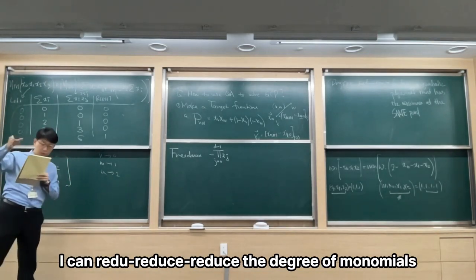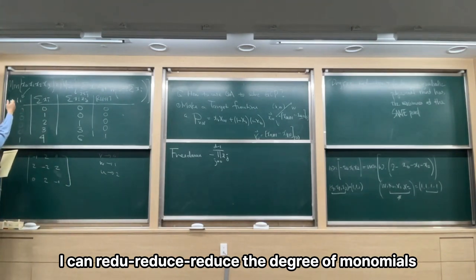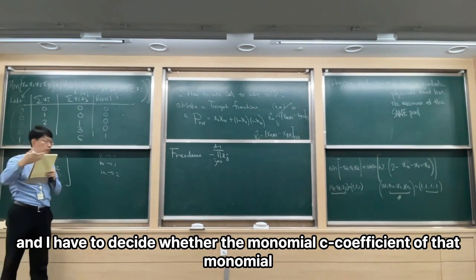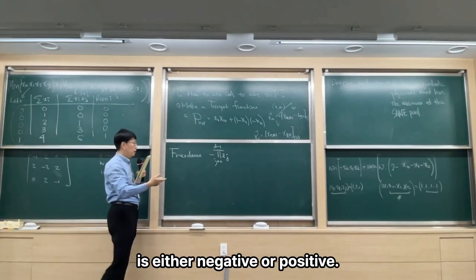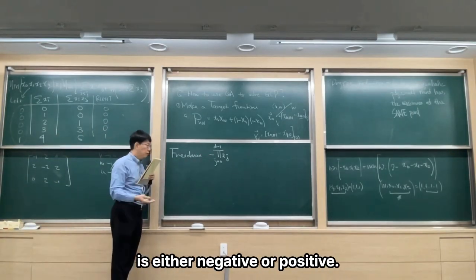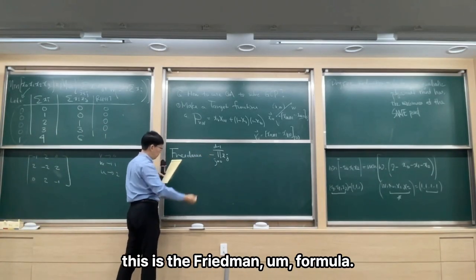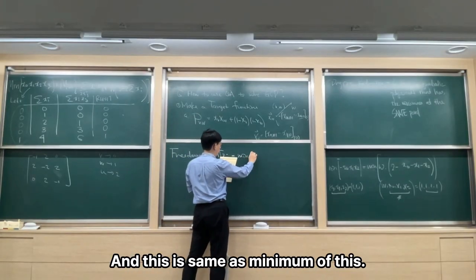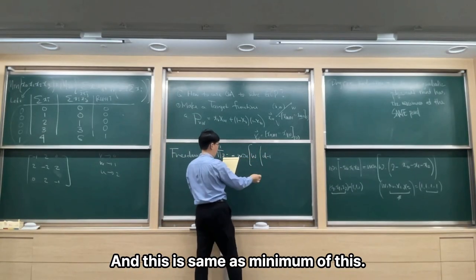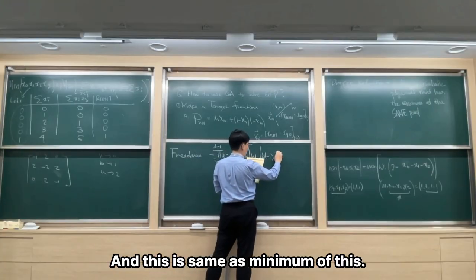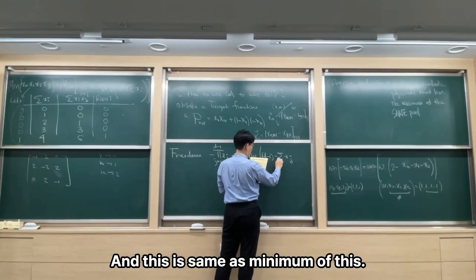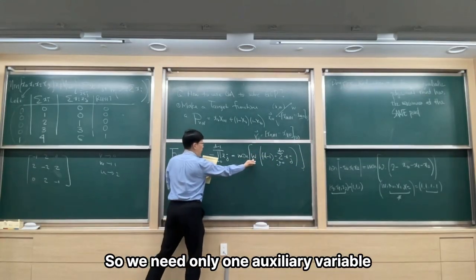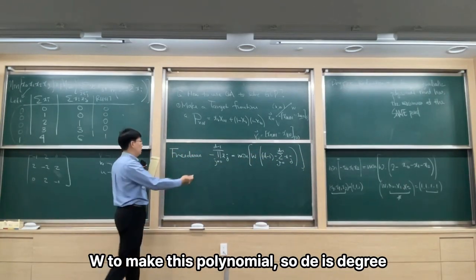I can reduce the degree of monomials, and I have to decide whether the coefficient of that monomial in the polynomial is either negative or positive. So if it's negative, this is the Freedman formula, and this is same as minimum of this. So we need only one auxiliary variable W to make this polynomial.